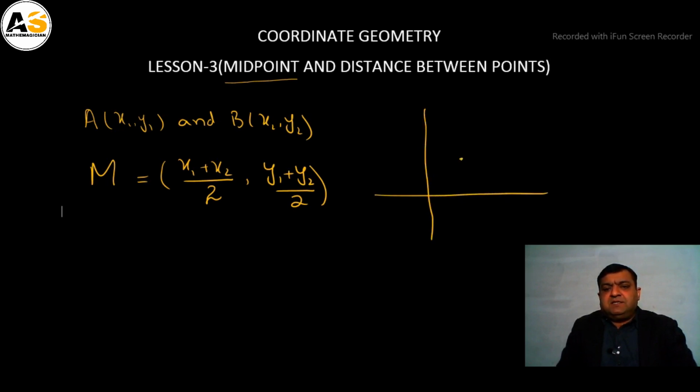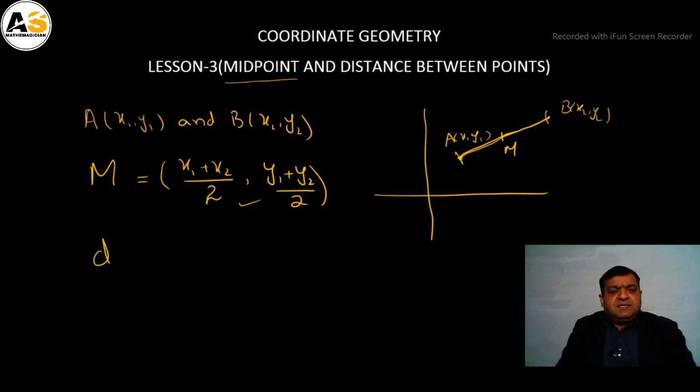For example, this is point A (x1, y1). This is point B (x2, y2), and this is the line segment joining these 2 points. So their midpoint M will be given by this formula. Similarly, how do we find the distance between these 2 points? The direct distance from A to B, this length.